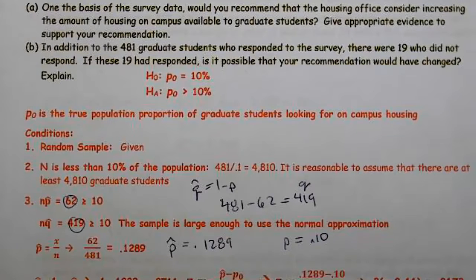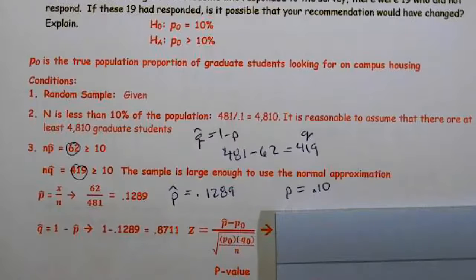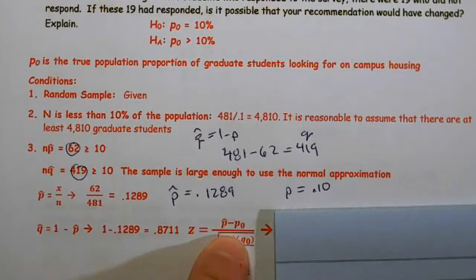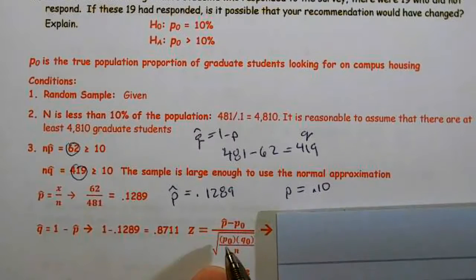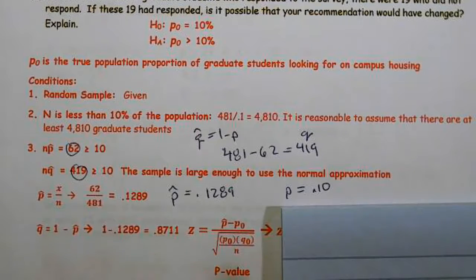And so then when we get to our formula, it is basically P hat minus P naught. And once again, for a hypothesis test, you use the standard error of the population, so you use the proportion from the population. If it's a confidence interval, you use P hat.